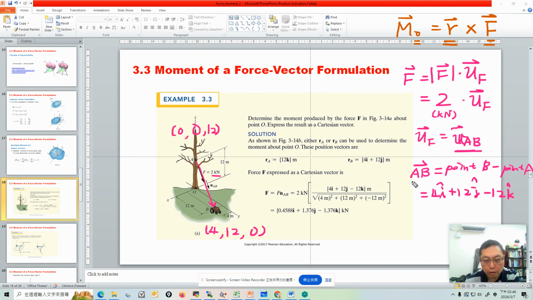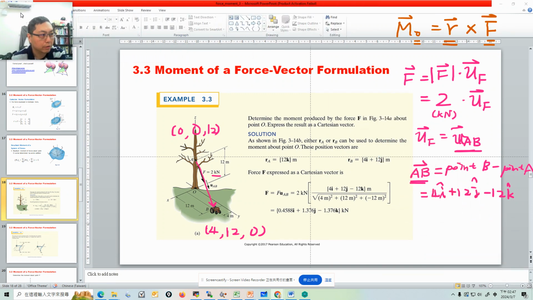Once you have your AB vector, you can calculate the unit vector of AB. How do we calculate a unit vector? Don't forget, it's just the components divided by the magnitude.